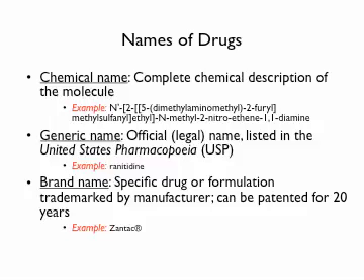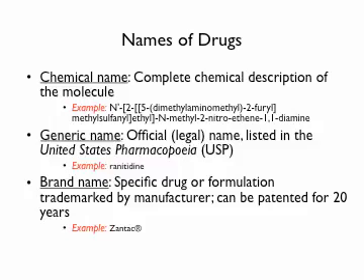We give it a shorter name, a generic name, which is the name that all manufacturers of this drug would have to use, which is ranitidine, and that's the official legal name that's listed in this book, the United States Pharmacopoeia.